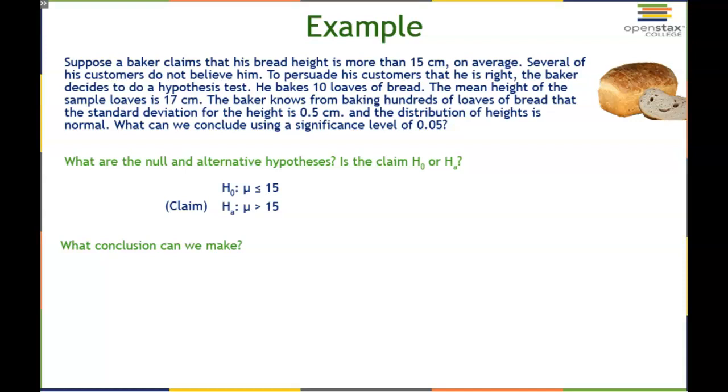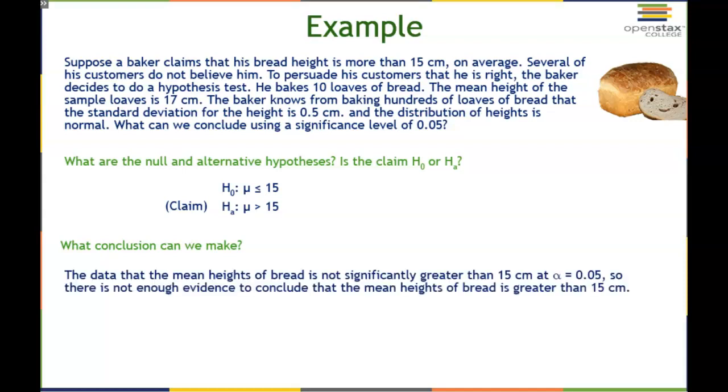It doesn't mean that the baker lied. It just means that there's not enough evidence to support the claim that the mean loaves of bread heights are greater than 15. One quick thing more about this example. Our full conclusion has two parts. The first part is in regards to the test, in other words, H0. Since we failed to reject H0, it is not significantly different than what we expected.